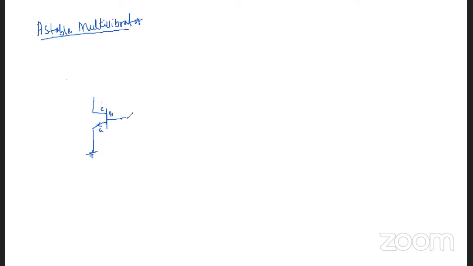Take it as B1, and second transistor. This is emitter.